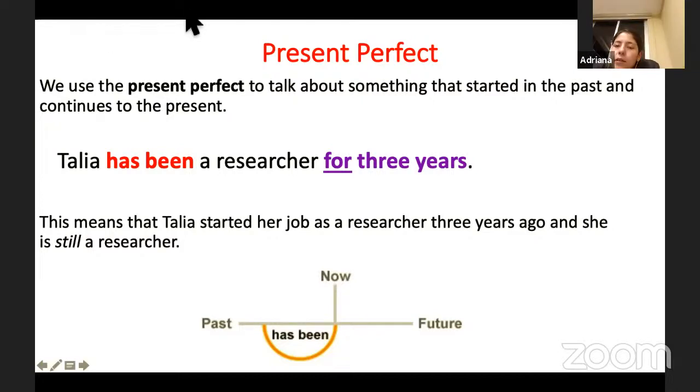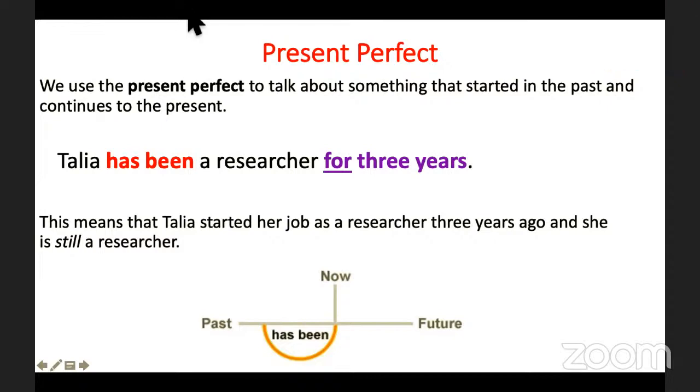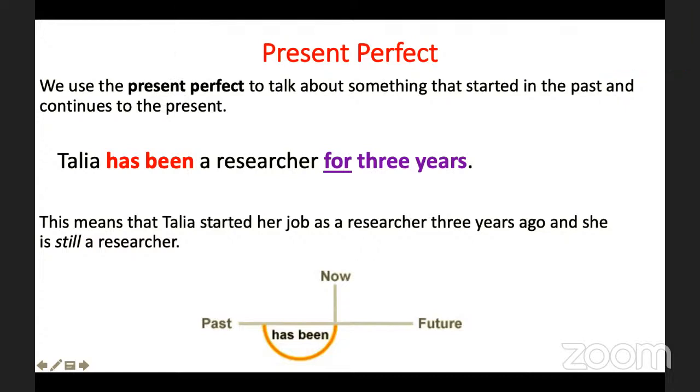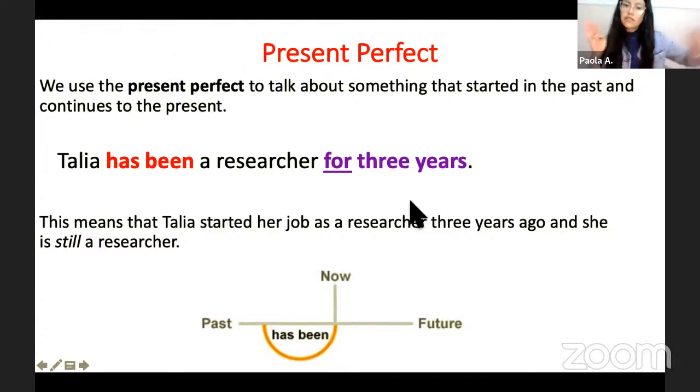Talia has been researching for 3 years. Yes. So the length of time is? No, just the length of time. The period of time is 3 years, right? It's 3 years, yes. Thank you very much.